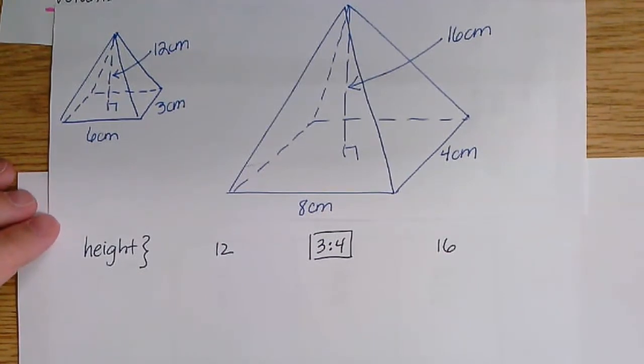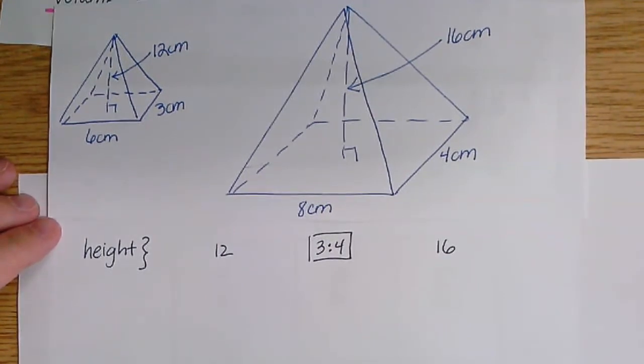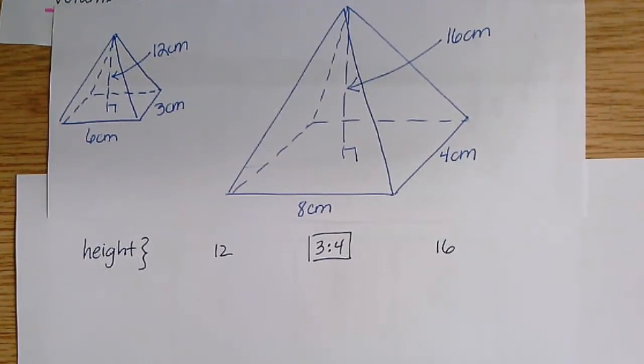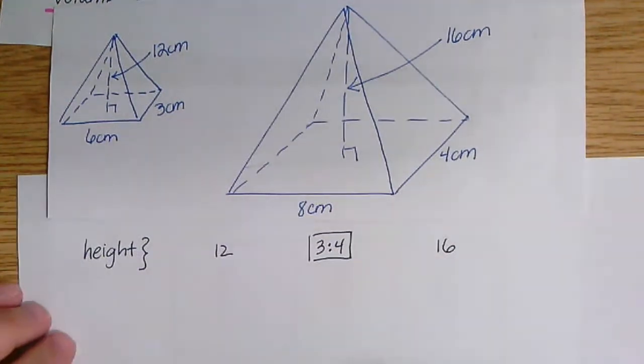Sometimes people call it the scale factor. I don't necessarily like to combine them that way because to me, scale factor says that we're dilating. But if you're looking at a worksheet and it asks you what is the scale factor of these two things, generally it's asking me for the similarity ratio. Okay, so that's the height.